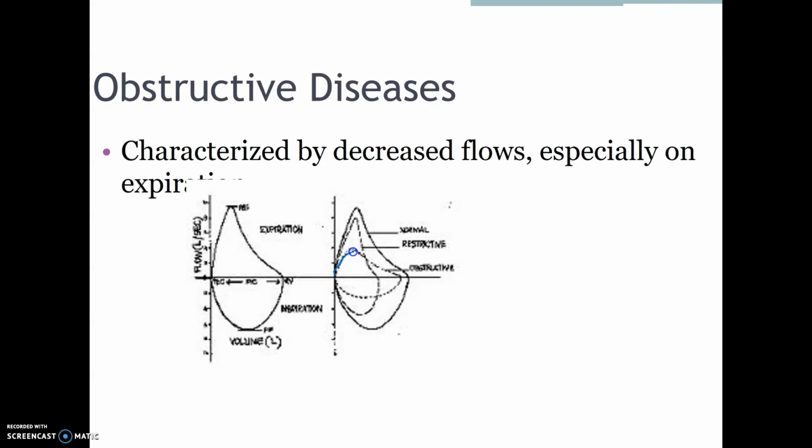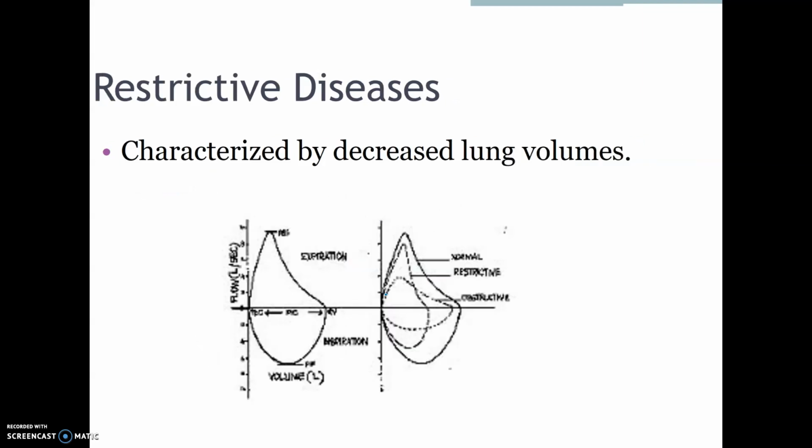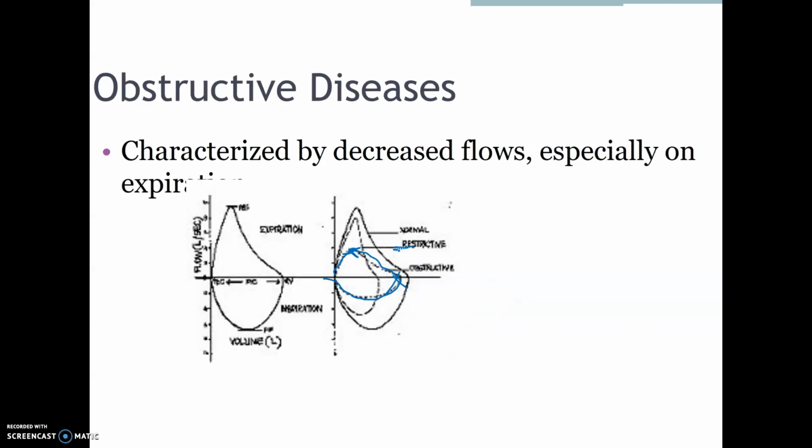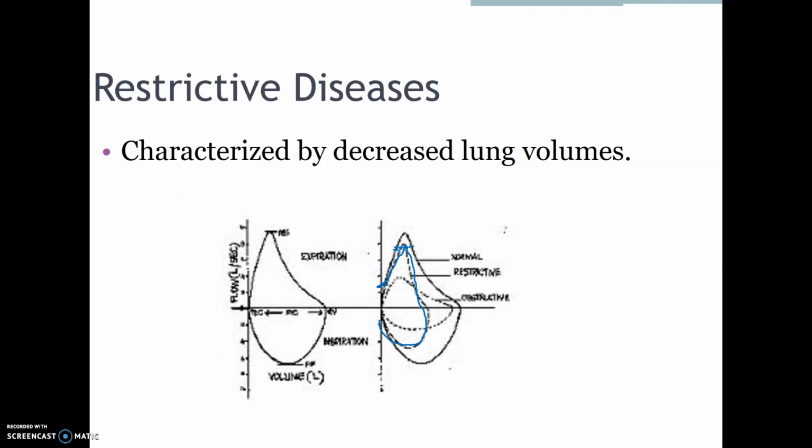Obstructive, remember, is this third one here. Problems with flow. Our flow doesn't reach where it needs to be, but our volume is fine. Restrictive diseases is this middle one. Again, it's the tall, skinnier one. We have no problem up here with flow, but we do have a problem with capacity or volume.